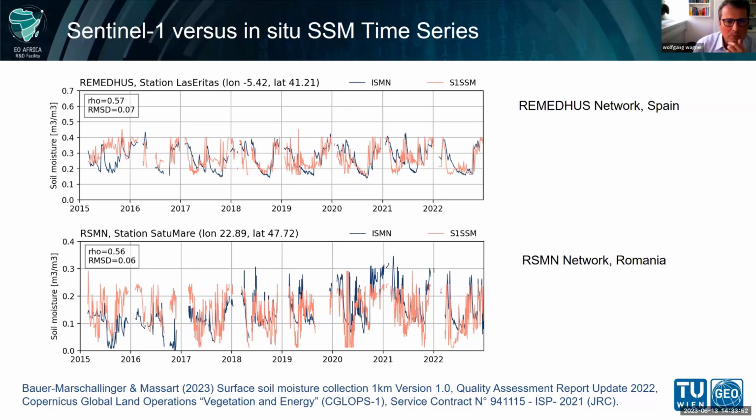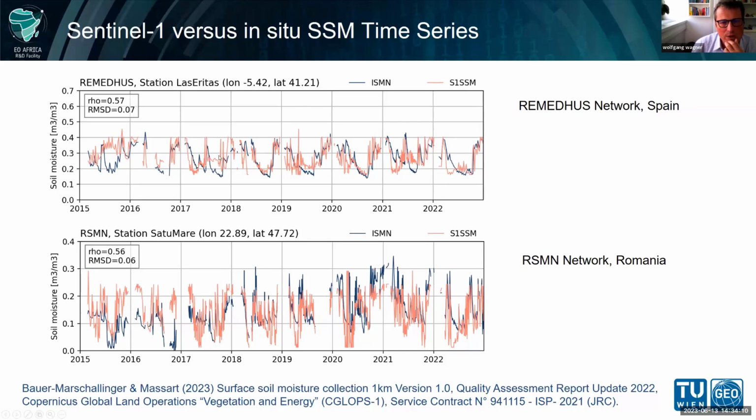Here you see two examples of time series from the Sentinel-1. This is in red, and here's an in situ time series from the Remedhus network that I already showed you earlier, and here's a network from Romania.